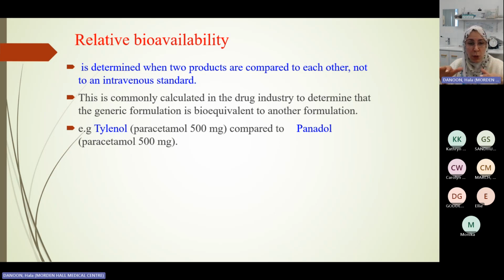Although they're both marketed as, let's say, paracetamol, or atenolol or any other medication, sometimes the excipients added to the medication can affect the absorption from the intestine. So what the patient is telling you, despite us telling them that they're all generic and should be the same, is that there could be a variation in the bioavailability and therefore in the effect of the medication or even the side effects.